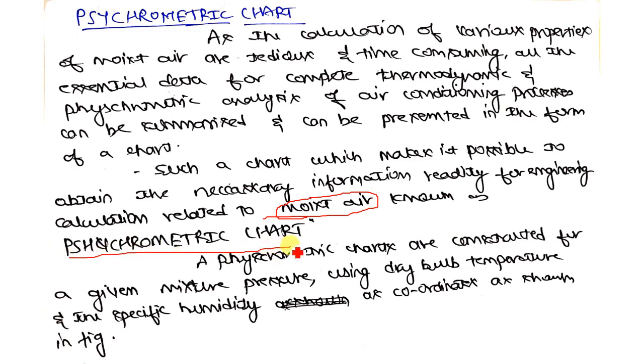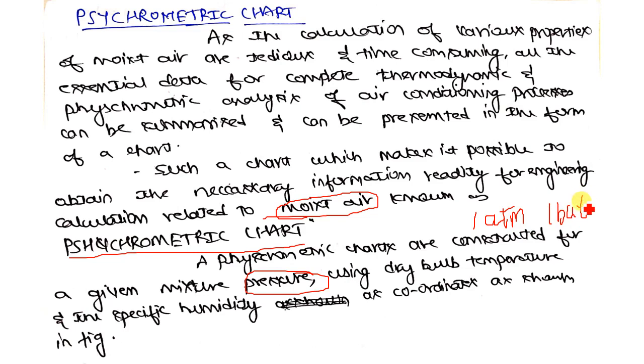Psychometric charts are constructed for a given mixture pressure. The psychometric charts are always done for one particular pressure. Suppose it is done for 1 atmosphere, that is 1 bar, then it can be used for only 1 bar.